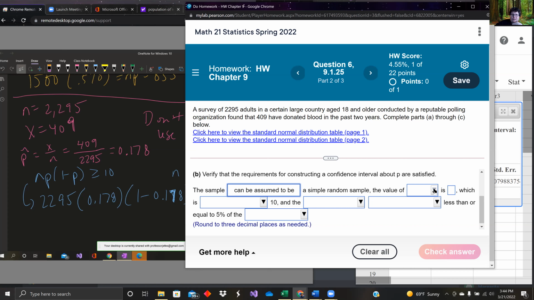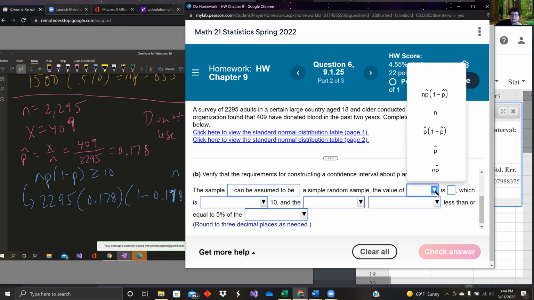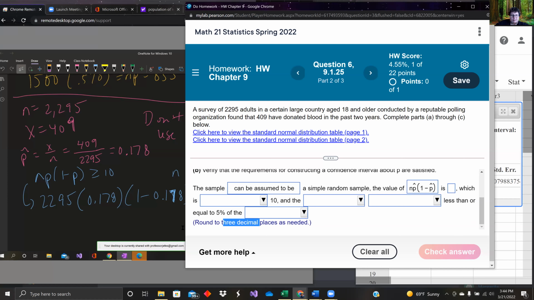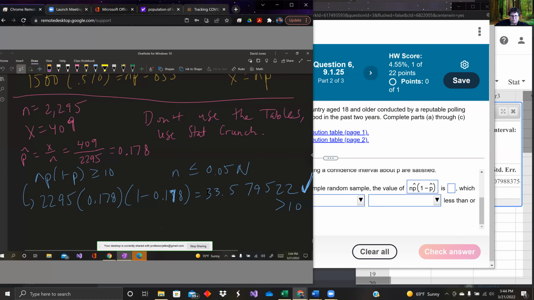And then they say the value of, this is what we want, n times p times 1 minus p, rounded to 3 decimal places. 3 decimal places would be 33.5795, which is 33.580.